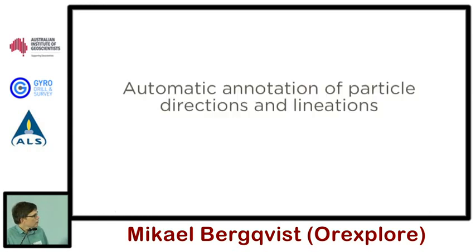Here's another example of automatic annotation of particle directions and lineations. The amount of data that we see now is becoming quite huge. So, for instance, from one of the participating mines in the X-Mine project, a mine in Greece that is run by the Canadian company Eldorado Gold, they have now easily annotated over 600 planar features for about a 100-meter core.